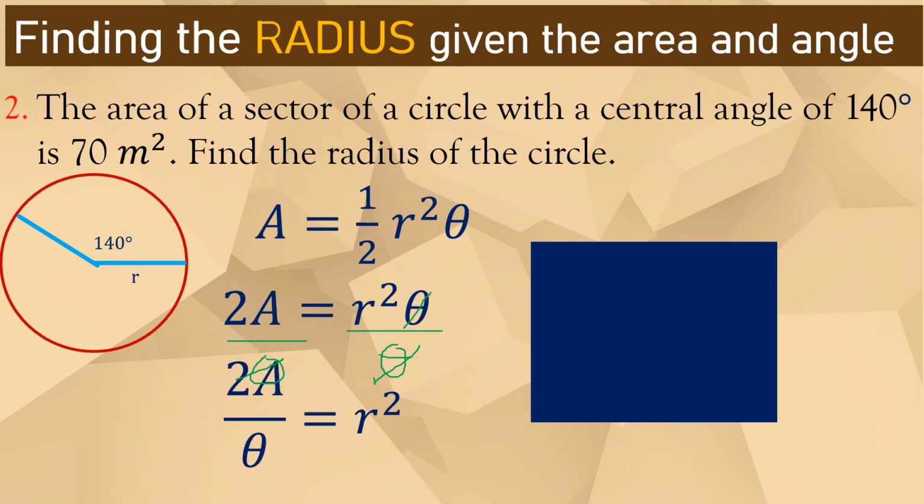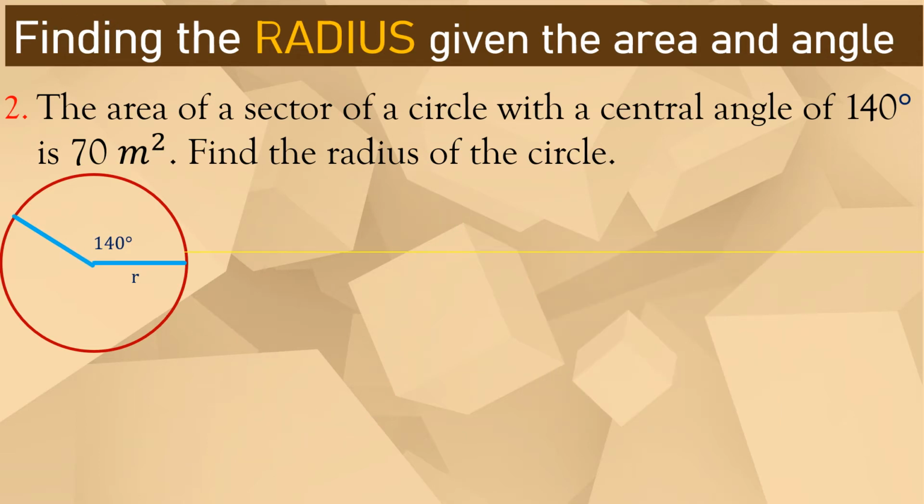Okay, so r squared is equal to 2a over theta. Since that is squared, we are just looking for the positive square root of 2a over theta. So there you go. This is the formula now. Radius is equal to square root of 2a over theta.